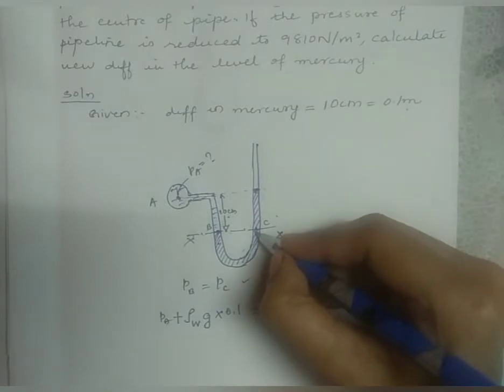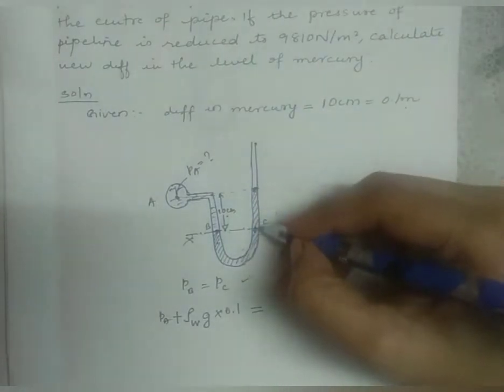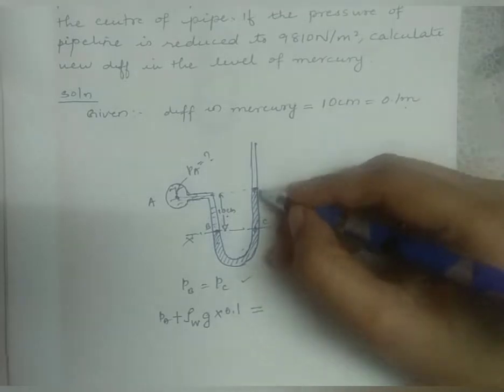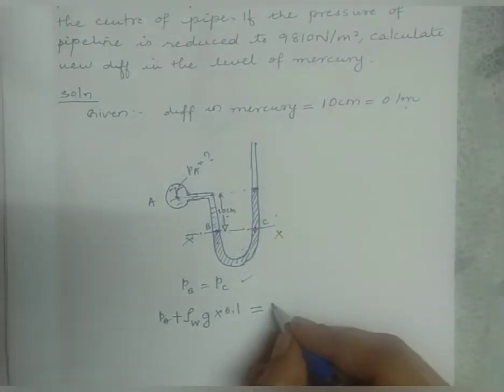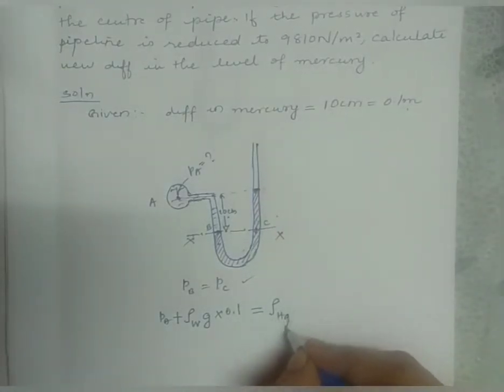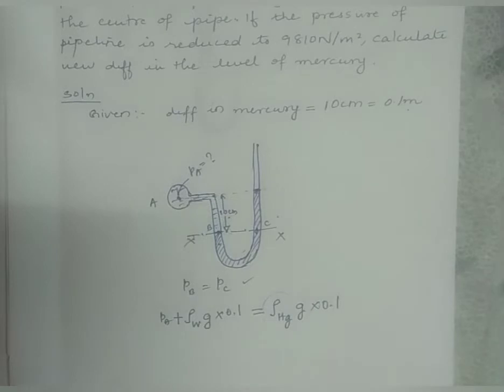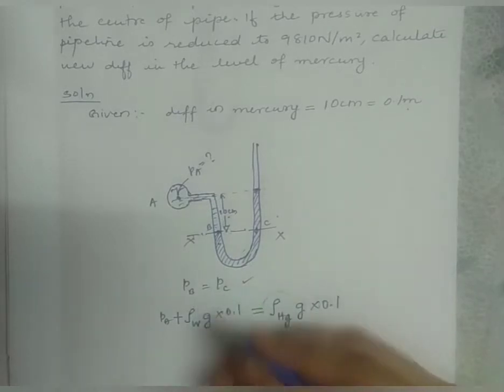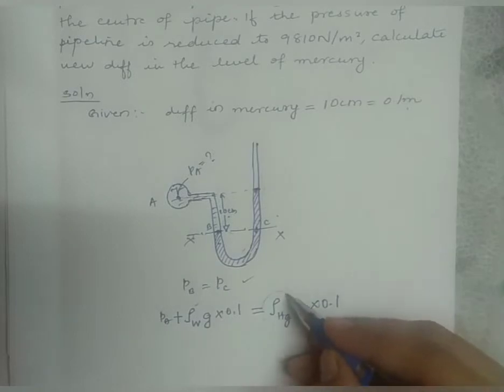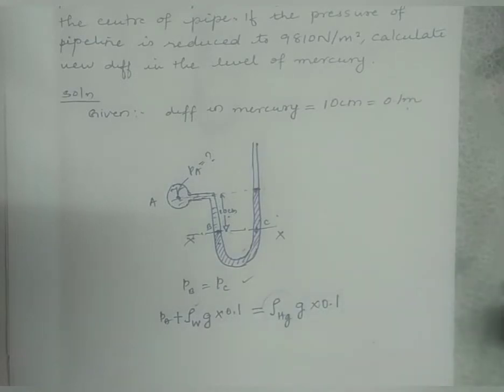What is the pressure at point C? The pressure due to the mercury column here. So that is rho_Hg, the density of mercury, into g into 0.1. You know the density of water, and you know how to find the density of mercury.